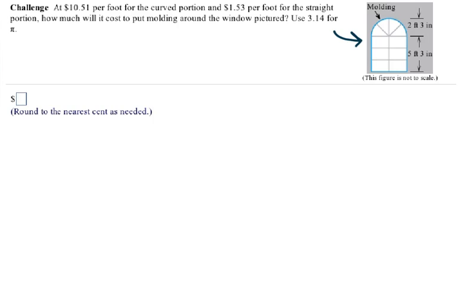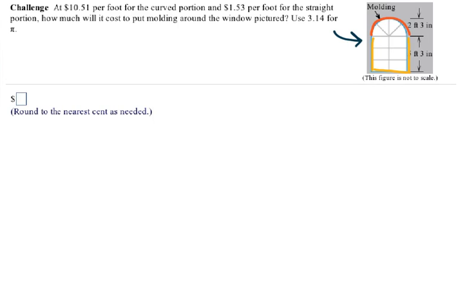It costs $1.53 per foot for straight portions. How much will it cost to put molding around the window pictured? And we're using 3.14 for pi. So what I need to do is break this into parts. I need to find how much molding is needed for that, and then separately how much molding is needed for this here, and we have to find the cost of each individually and then add them up.